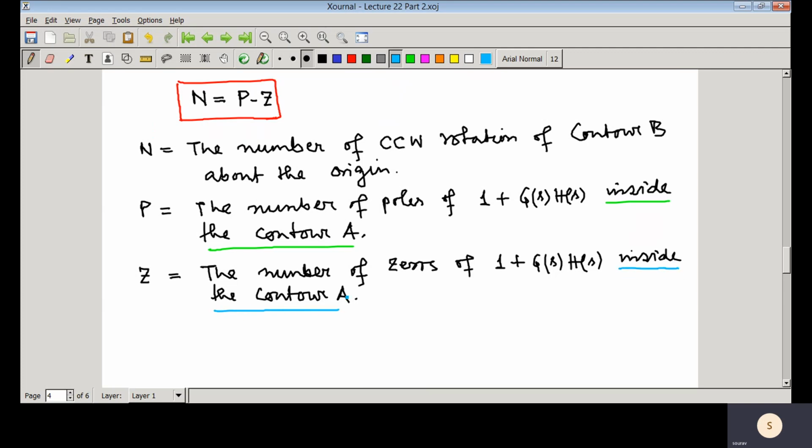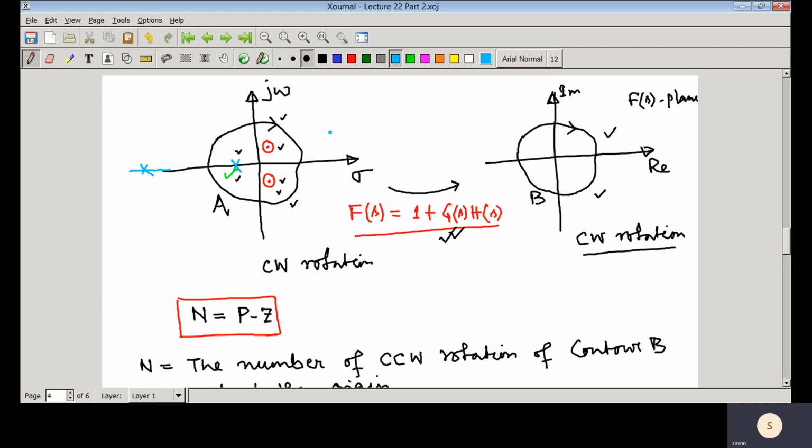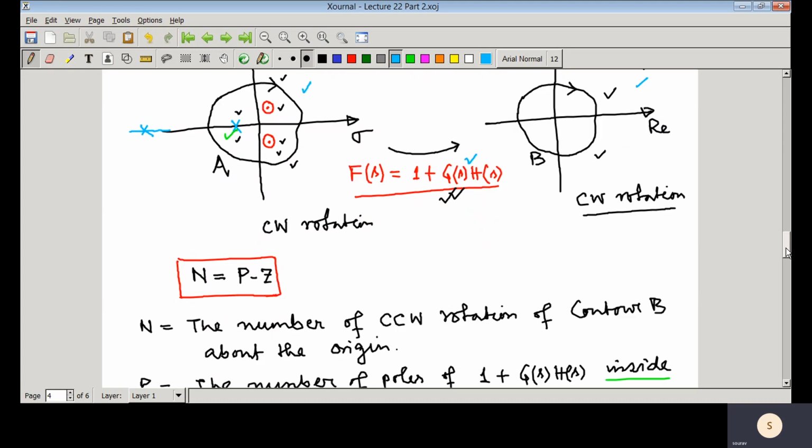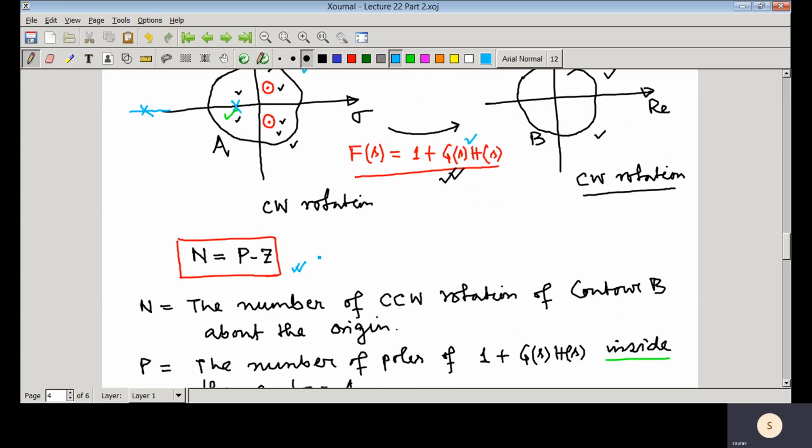It is not the total number of zeros. So what we have seen is that whenever we are mapping this contour from the S plane to the F(s) plane, where F(s) equals a function, this particular relationship holds.